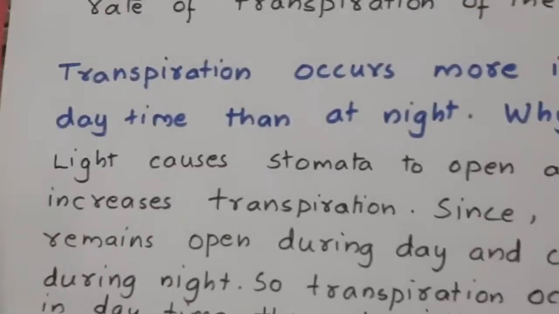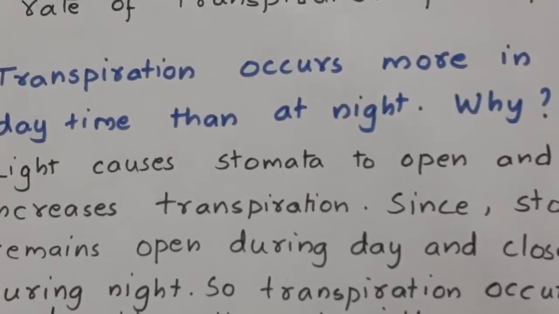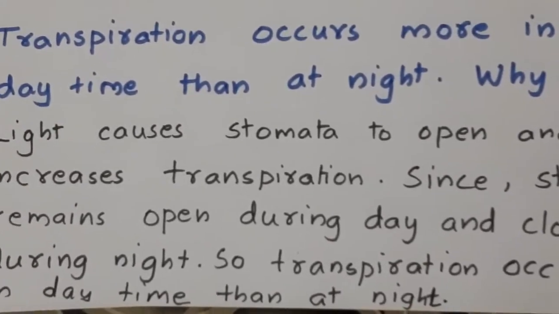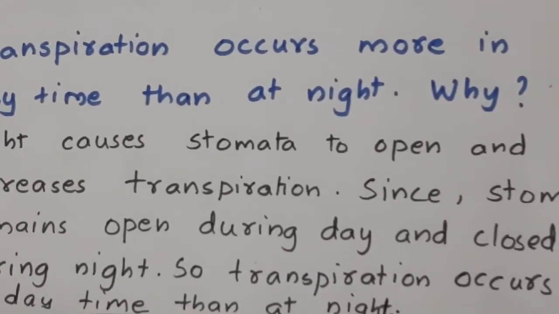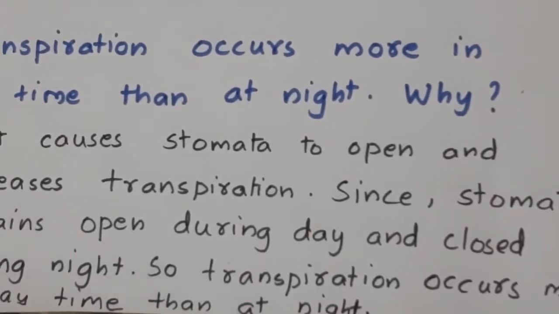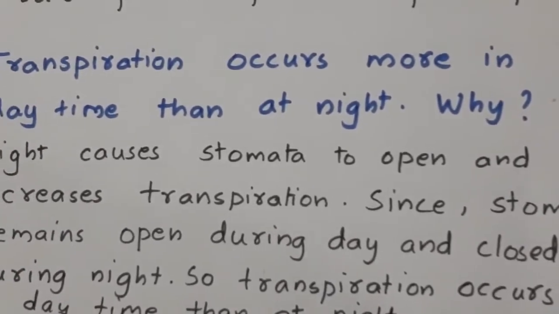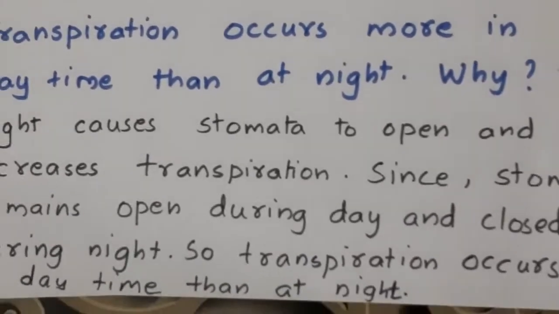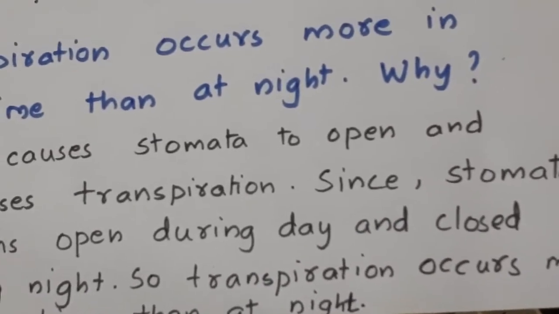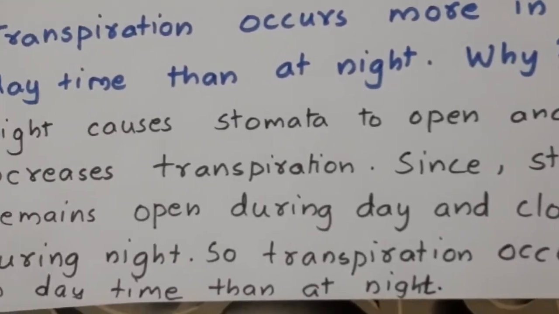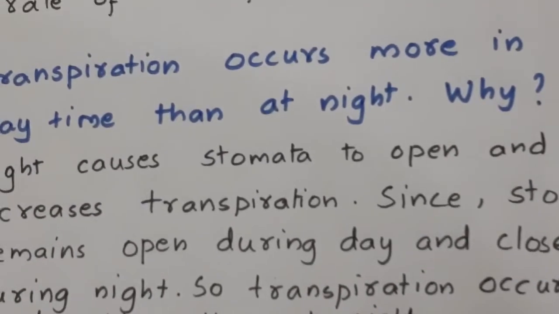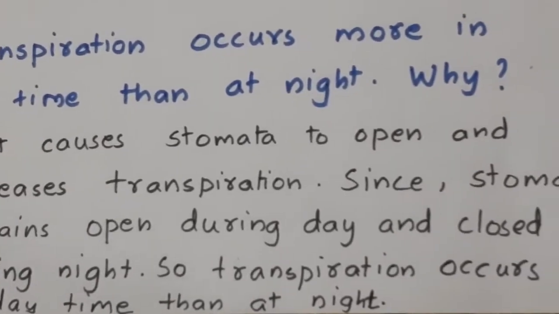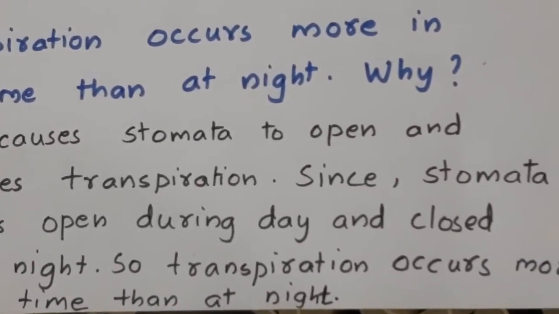Now another question. Here just check this question. Transpiration occurs more in daytime than at night. Why? The reason is the light causes stomata, that opening in the leaves, to open and increases transpiration. Since stomata remains open during day and closed during night, so transpiration occurs more in daytime than at night.